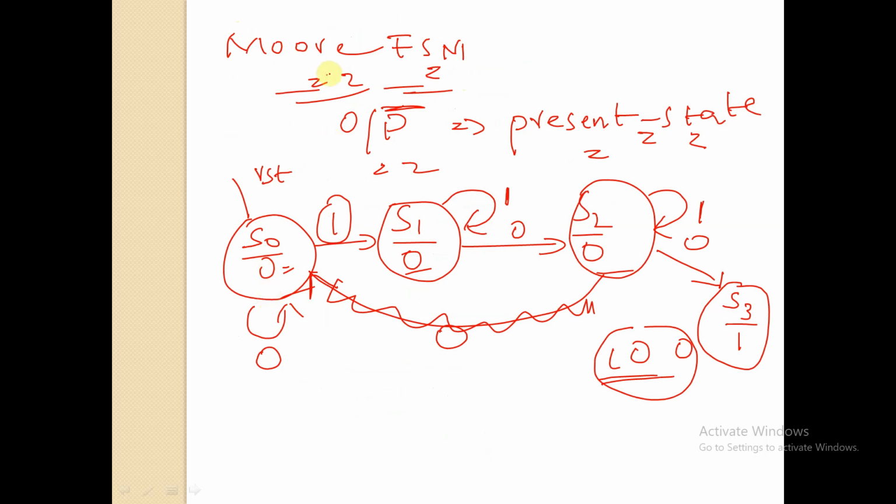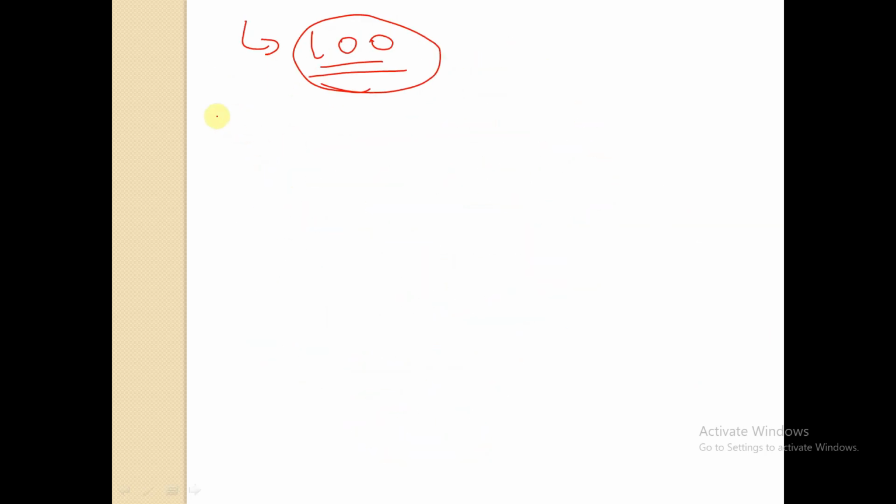Yes, clear, sir. So if the input is 100, we will see the coding for this. The diagram is given here, and we will code for Moore. First we will declare a module with the module name, and declare the inputs and outputs.